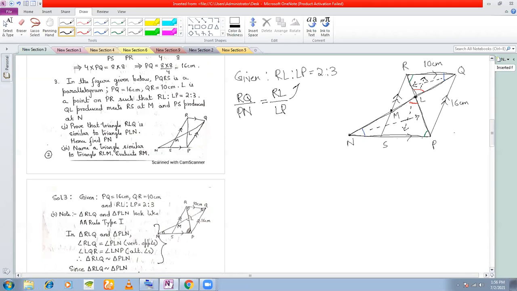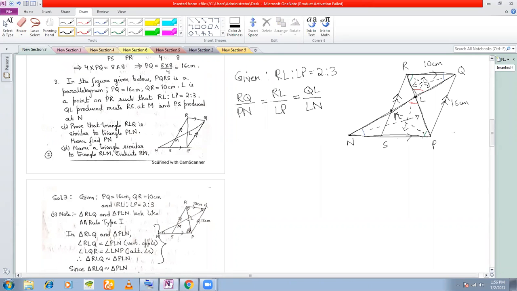You see this ratio is given to you, isn't it? RL is to LP. Okay. Fine. Now next one, this green angle here in this smaller triangle, opposite is the side QL. And in this, you have the side LN, right?